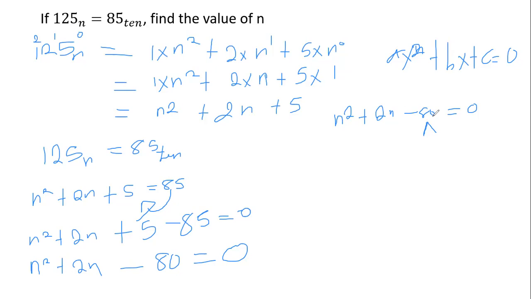So the numbers that we multiply to give us negative 80, and when added give us a 2, are 10 and 8. If we want to add and get a 2, then it is the 8 that is negative.